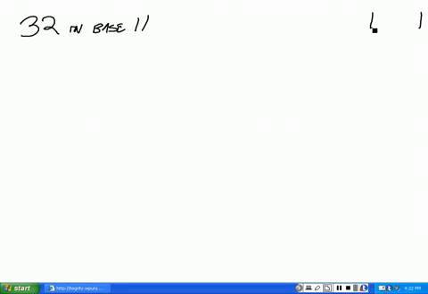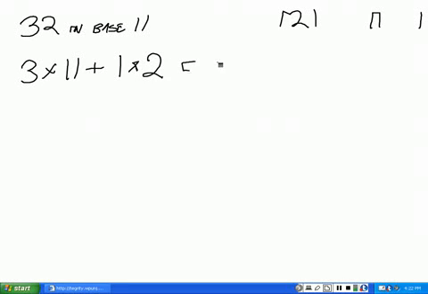So, of course, remember our powers of 11. So we have 32 in base 11. This means 1, 2, and 3 11s. So we get 33 plus 2, which is 35.